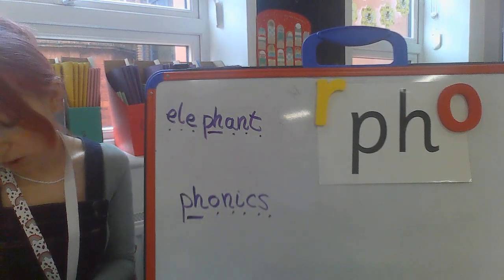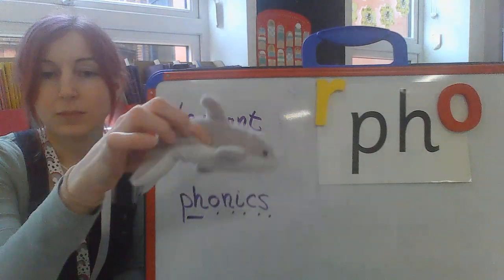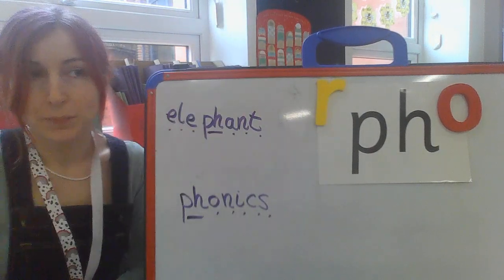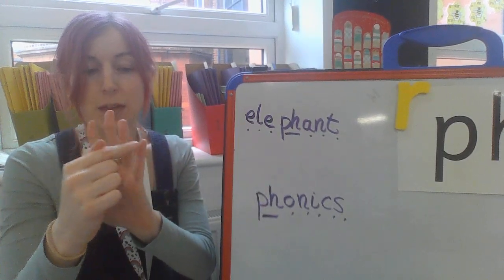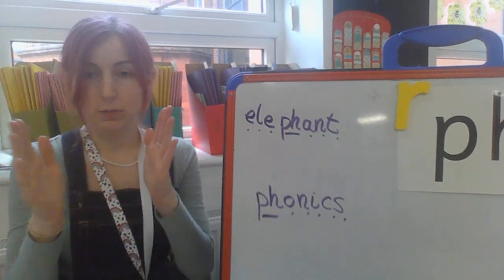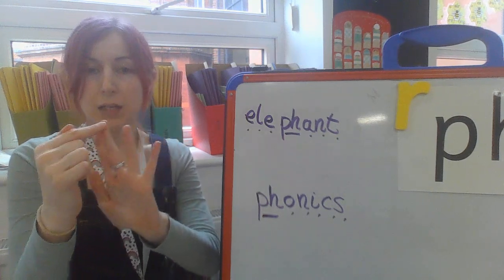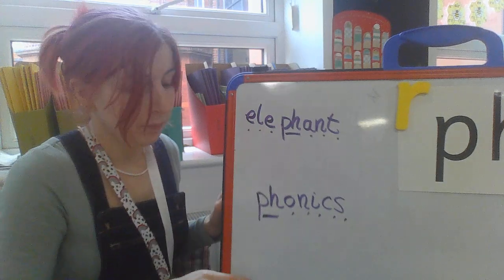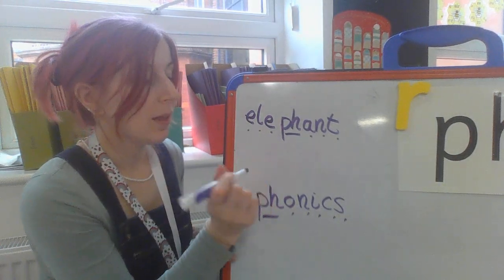Last word I want you to try and have a go at today is dolphin. Dolphin. D-O-L-F-I-N. 2 chunks. Dolphin. D-O-L. Dol-F-I-N. Fin. Dolphin. Okay. Pause the video to write that one.